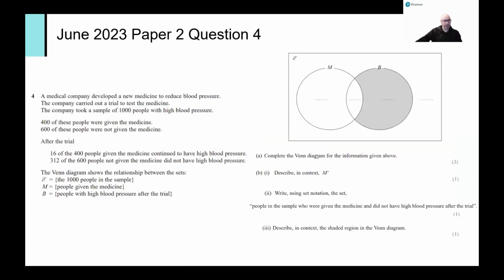So another question for 2023. This is question 4 involving Venn diagrams. I'll read that question first. The students will need to complete the Venn diagram, describe in context a particular set, then using set notation, describe the set from the words, and then again describe in context the shaded region.